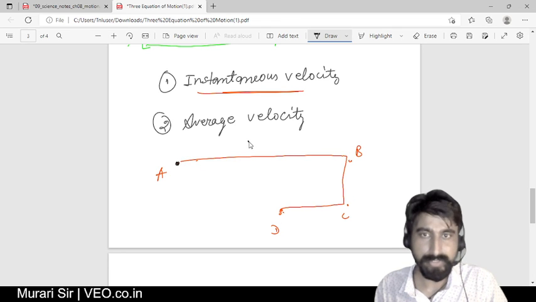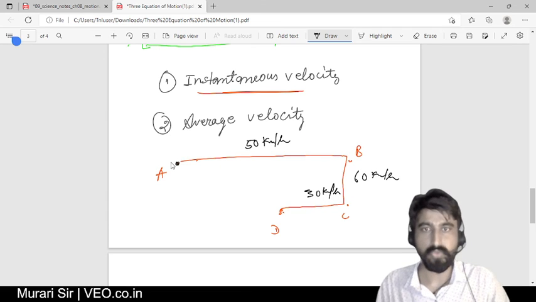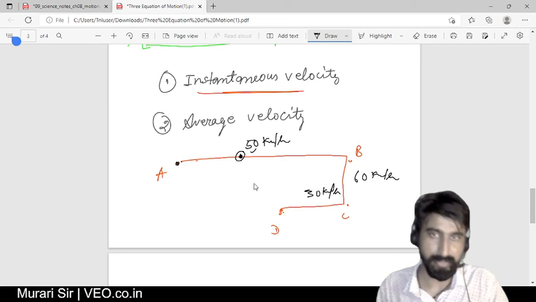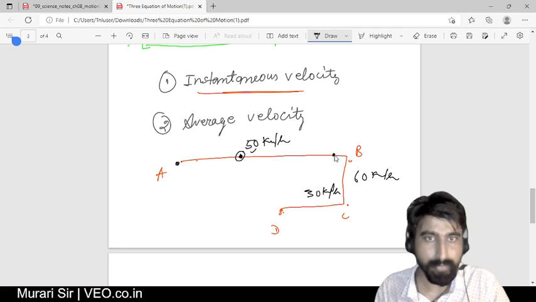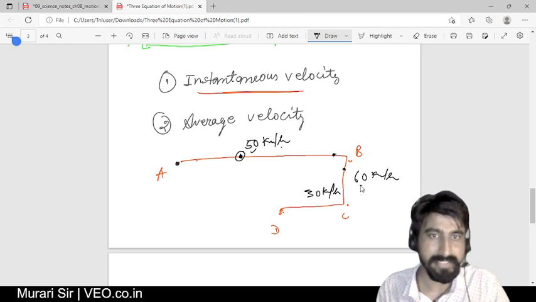Suppose during this journey he is moving at 50 km per hour, here 60 km per hour, here 30 km per hour. So if I check at this particular point of time, then its velocity is 50 km per hour. If I check at any point at this, it will be 50 km per hour. If I check at this point, it will be 60 km per hour.